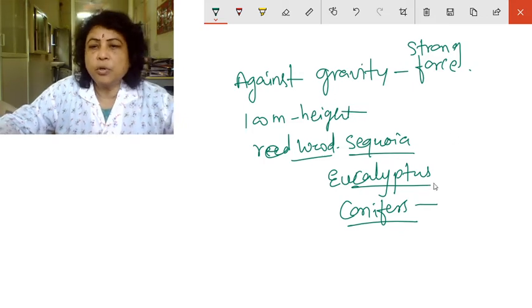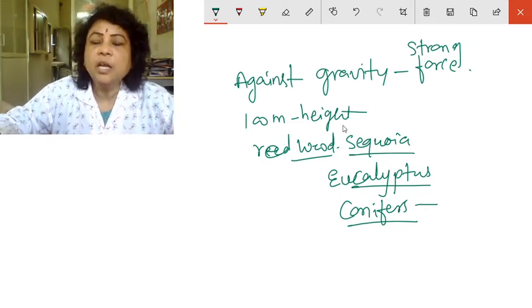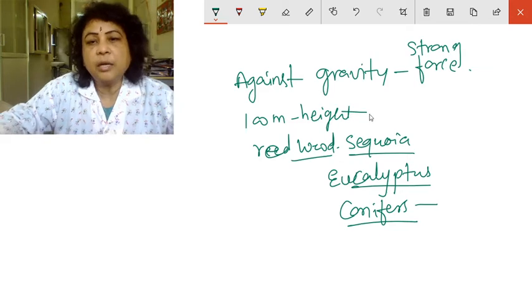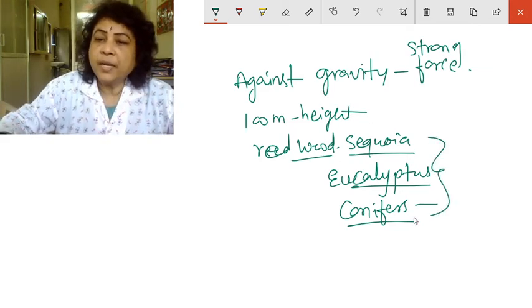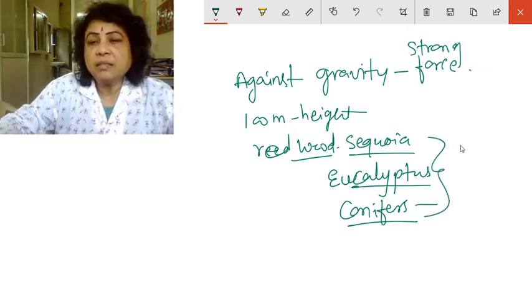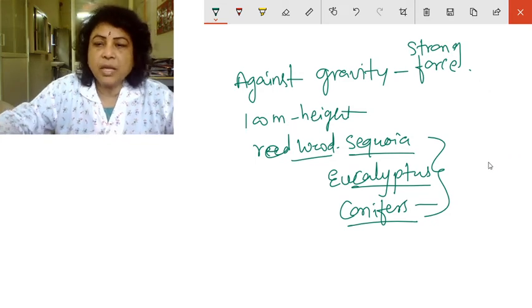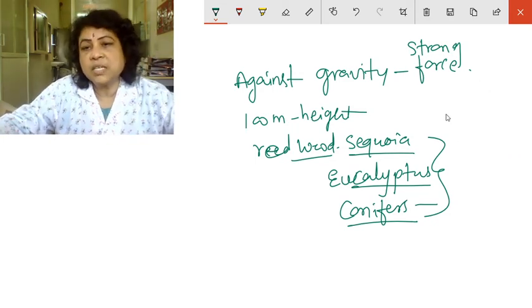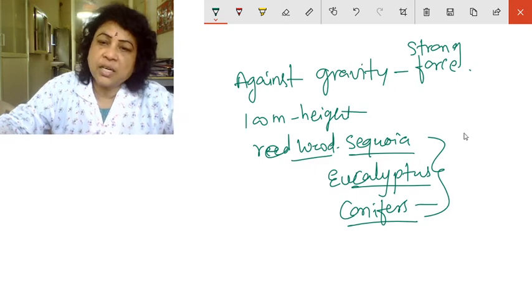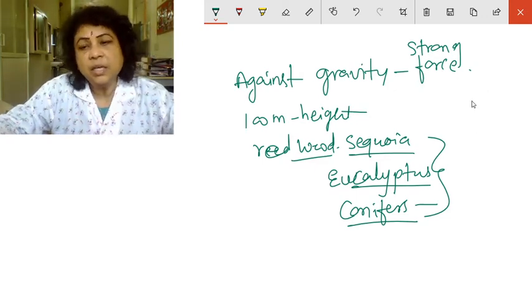These plants are more than 100 meters in height. So the physiologists think about what the mechanism behind this ascent of sap is, and how the water is conducted up to 100 meters in height.